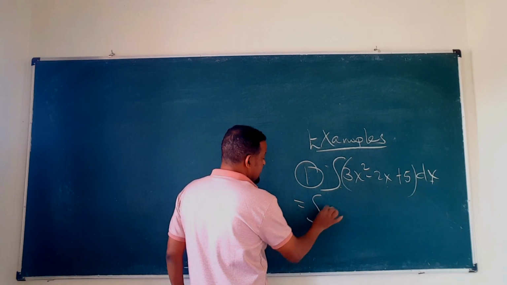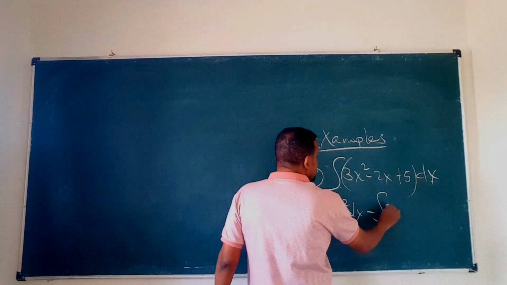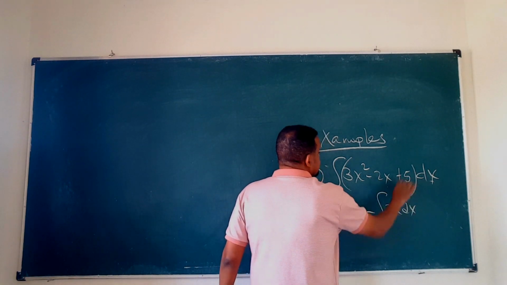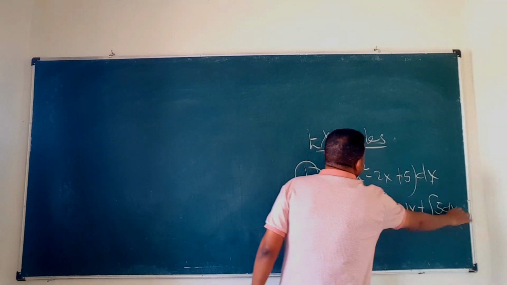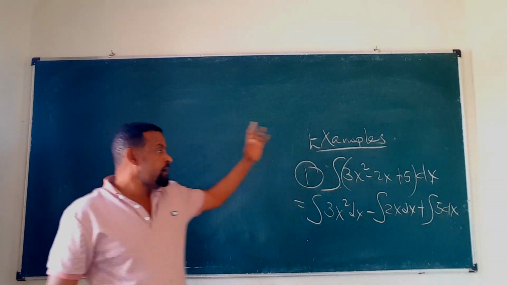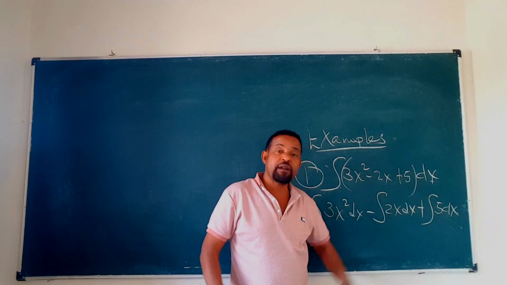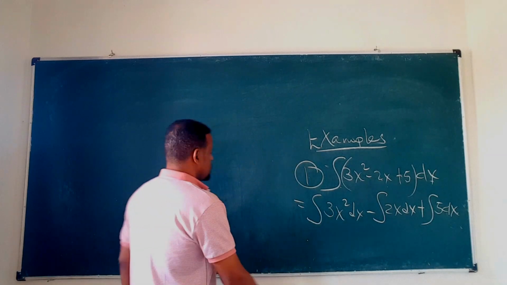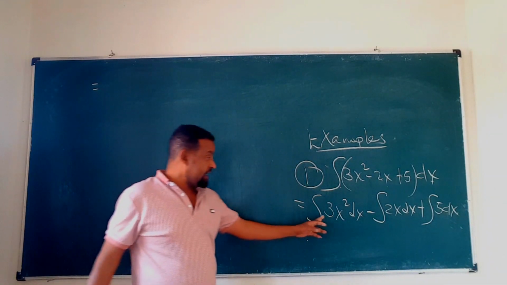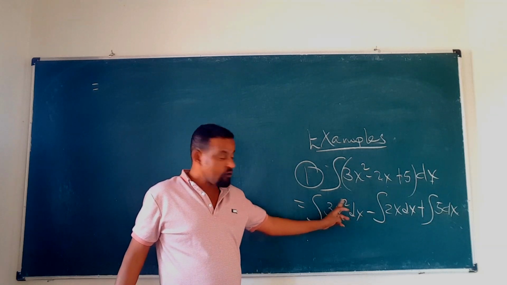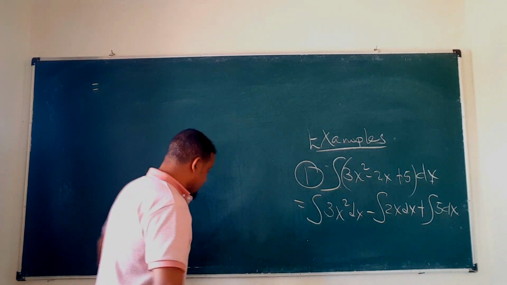So this will be the integral of 3x squared dx minus the integral of 2x dx plus the integral of 5 dx. So what did we do? We distributed the integral sign over 3x squared, negative 2x and 5. Now, here the integral of 3x squared has a constant, so the constant comes out and x squared remains.